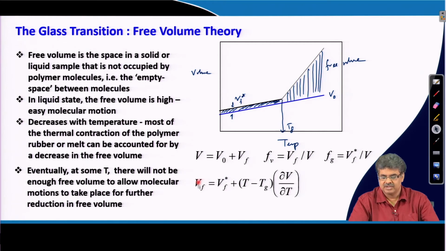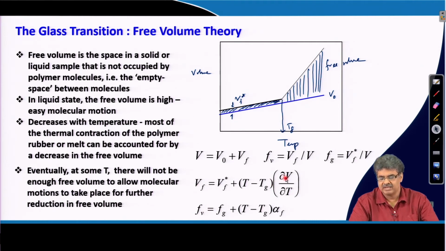So, the total free volume is given by this free volume plus the change in temperature times the rate of change of volume with temperature. Because this does not change much, the fraction of free volume is given by the free volume below the glass transition temperature, and if we divide by the volume on both sides, we get this expression.